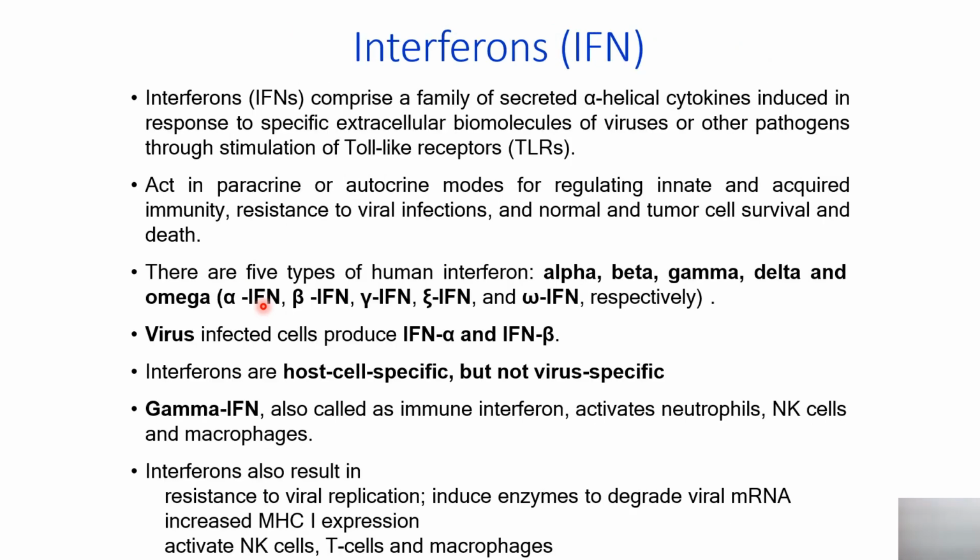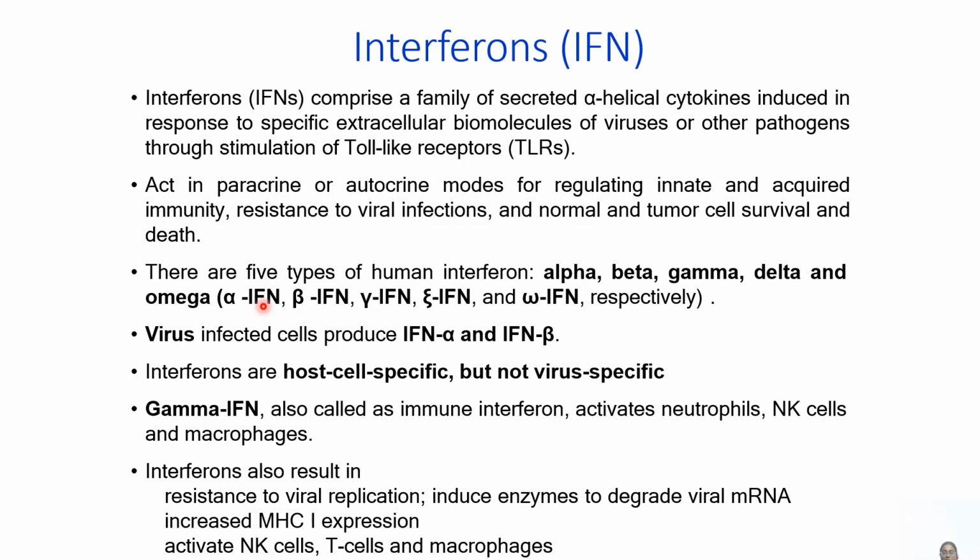So interferons also comprise a family of secreted alpha helical cytokines induced in response to specific external biomolecules of viruses or other pathogens through PRRs, and they can act in paracrine or autocrine modes, as we know, for regulating innate and acquired immunity. There are different types of human interferon: alpha, beta, gamma, delta, omega.